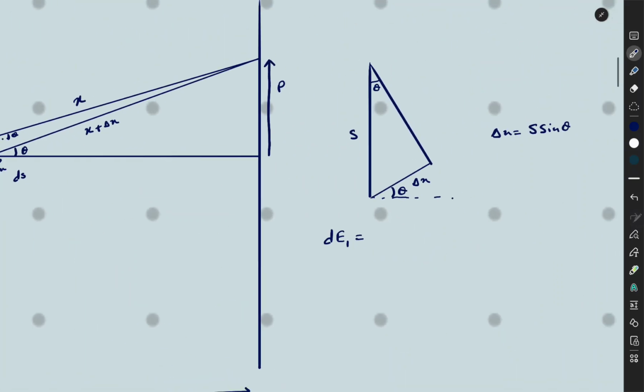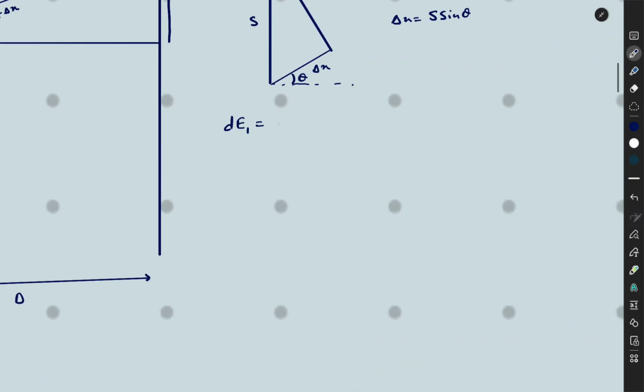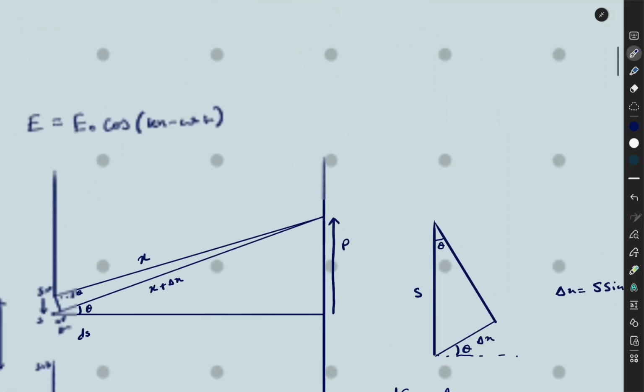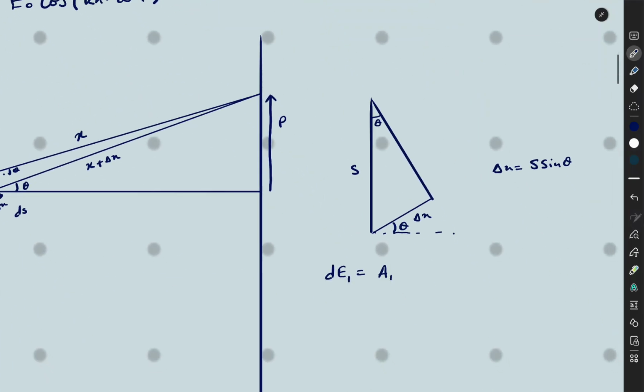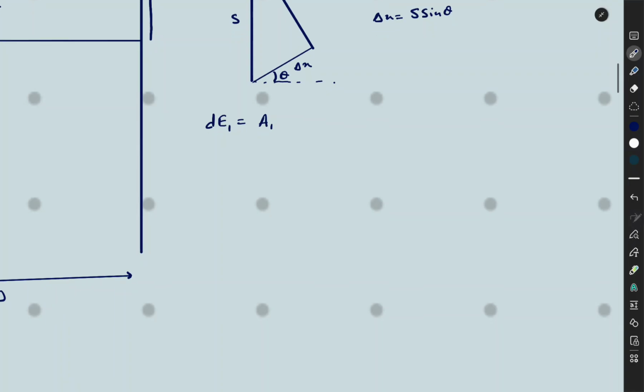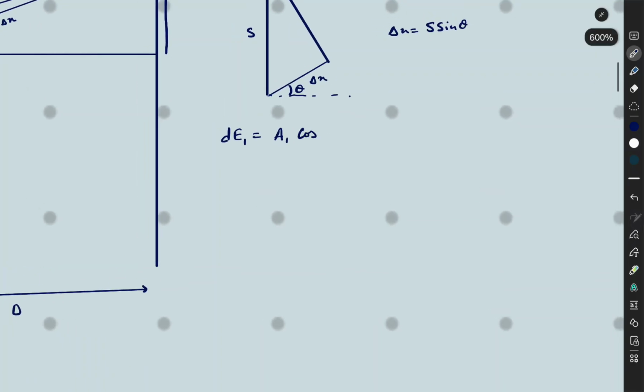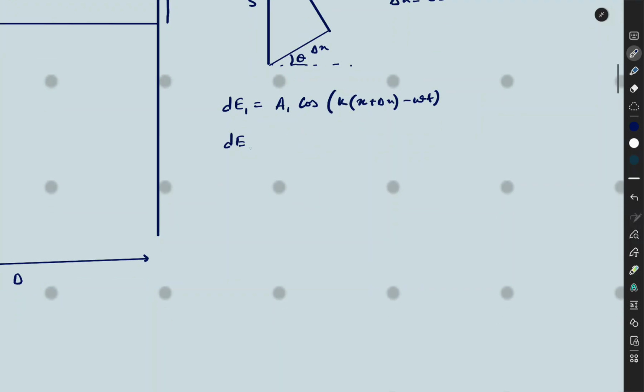So dE1 will be the amplitude, let us take A1, and then we will write cos of k into, in place of x, x plus delta x, minus omega t. Similarly, we'll get dE2, A2, and then cos of k into x plus delta x.